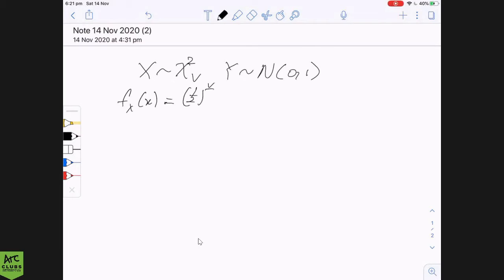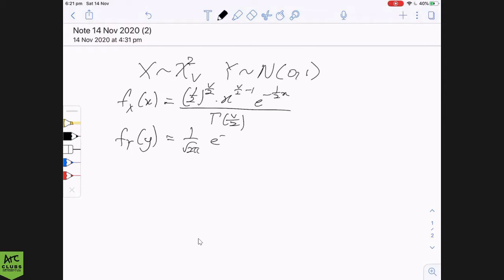Copying it from the lecture notes, you should get something like this. And for the normal distribution, you have a standard normal, so it should look something like this.